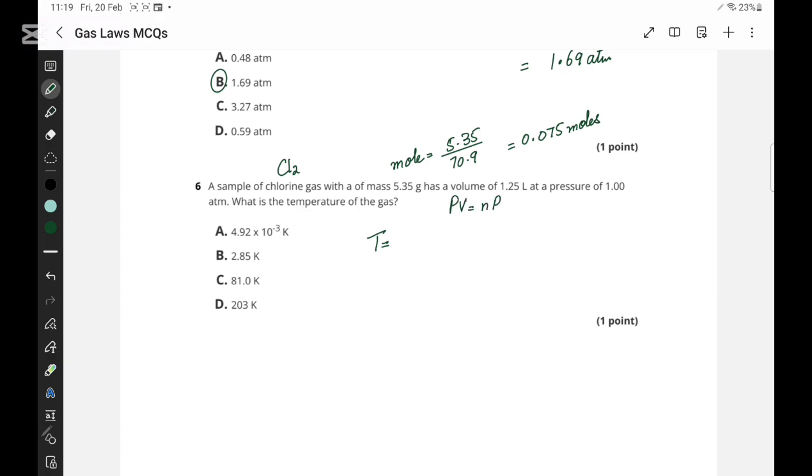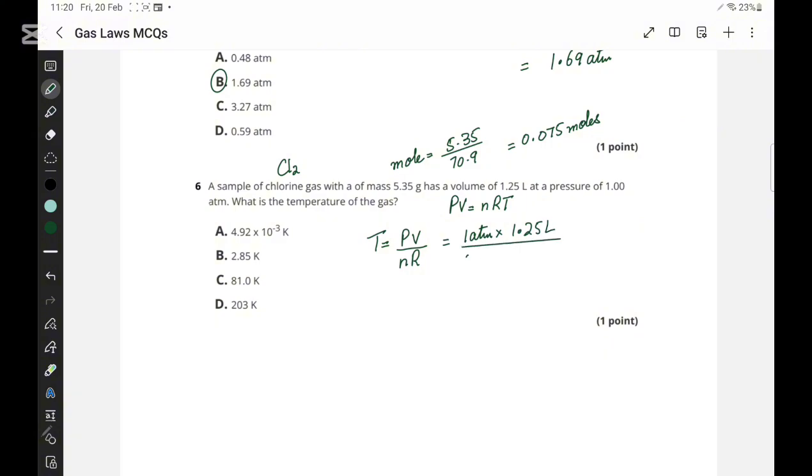And when we are going to find the temperature, we know the formula is PV equals nRT. So temperature is PV over nR, and pressure is how much, that is going to be 1 atm, and volume is how much, that is 1.25 liter.